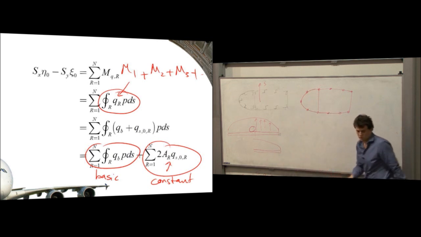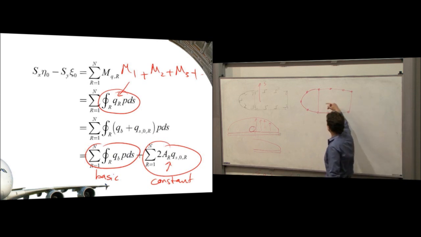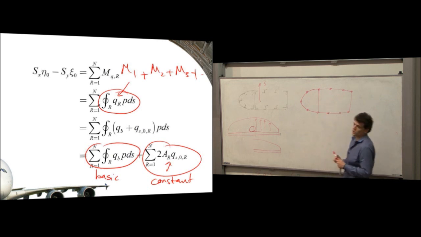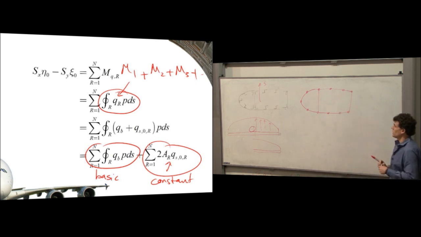And once you've idealized it, you know how to go around and calculate the shear flow in all these panels. You can make a cut, you can solve qb around the loop. It's not an easy calculation, but you've got all the steps you need to go through that kind of problem now.